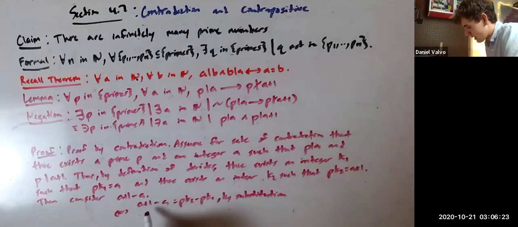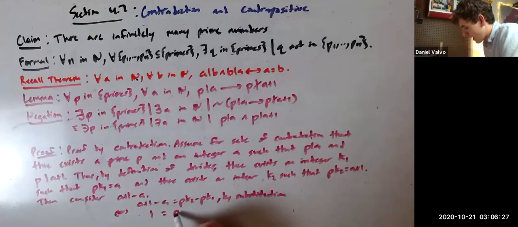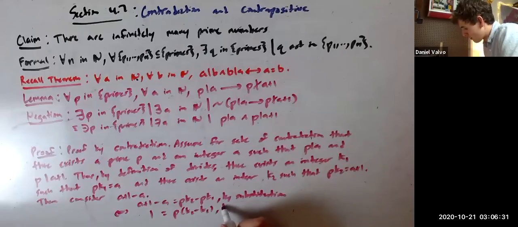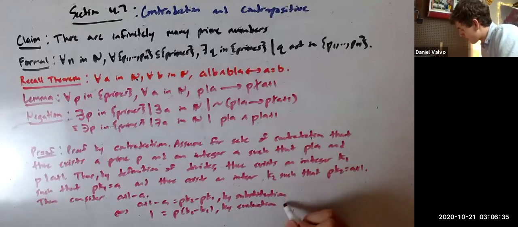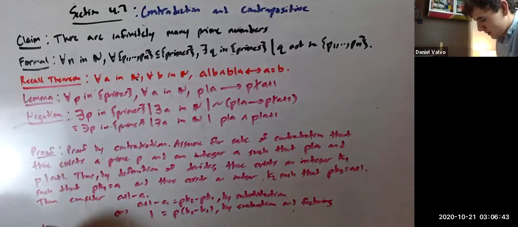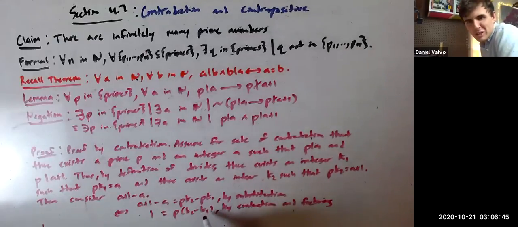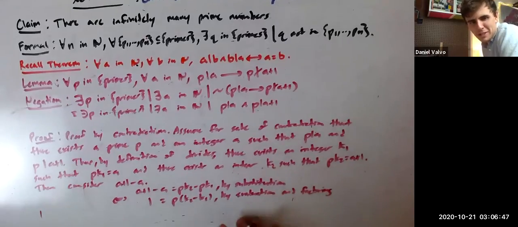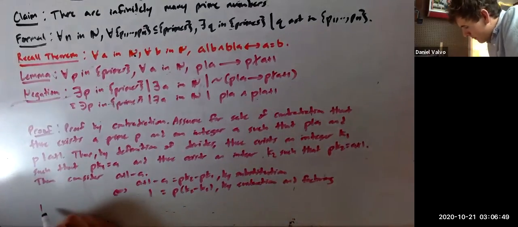But then the left side is going to equal A minus A, which is 1. And then we can factor the right side: p(k2 minus k1), by evaluation and factoring. Technically, you should probably do this in two steps, but it doesn't really matter. I'm just saving some time.